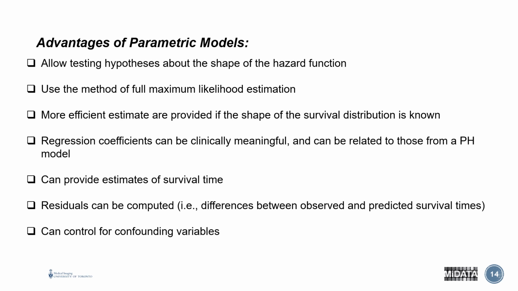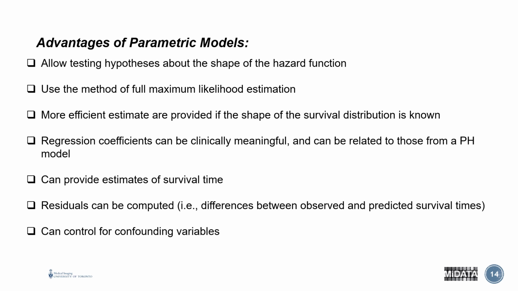Regression coefficients can be clinically meaningful and can be related to those from a Cox proportional hazards model, and we'll talk a little bit about that later on in the course, which is a method that's often used in medicine for survival analysis. Now, of course, it may sound silly, but parametric modeling actually can provide you with estimates of survival time.